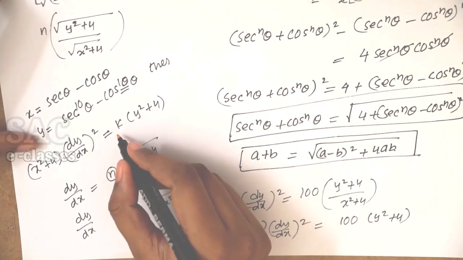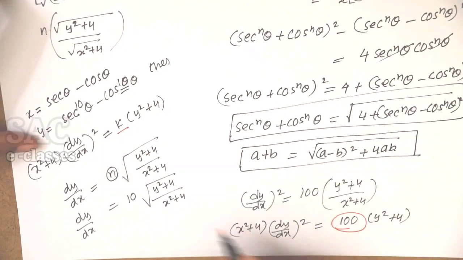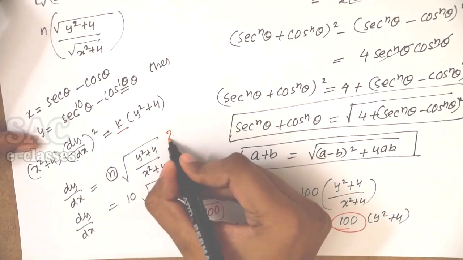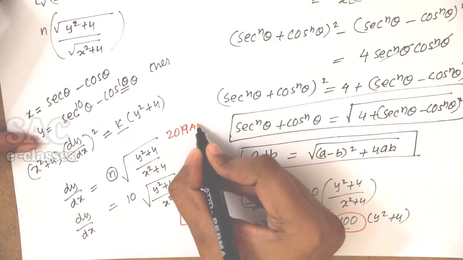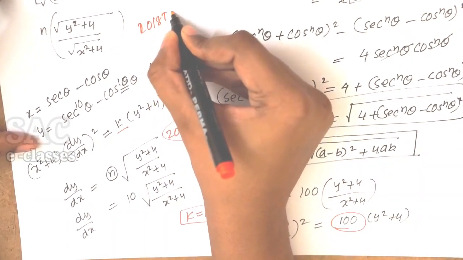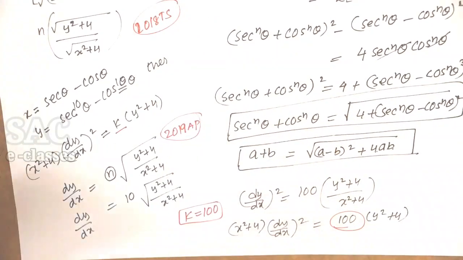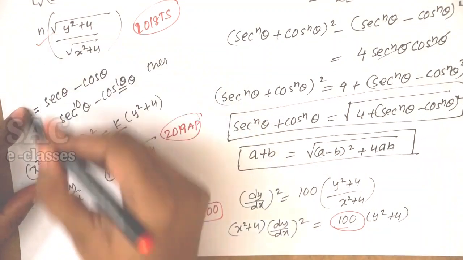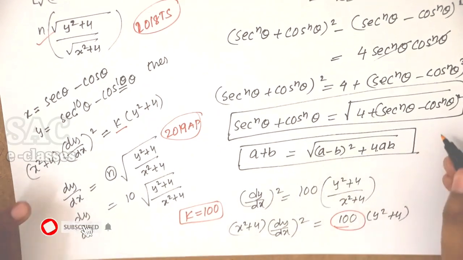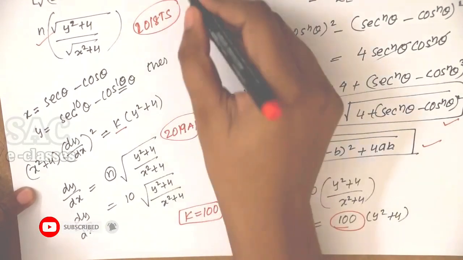If you have observed, they ask the k value, then the k value is 100. This is actually what they asked in 2019 EAP, but this problem was given in 2018 TS. So the same problem, but the powers are different. Power is n in this way, power is 10 in this way. Like this we can solve this problem very easily. I have used this technique.